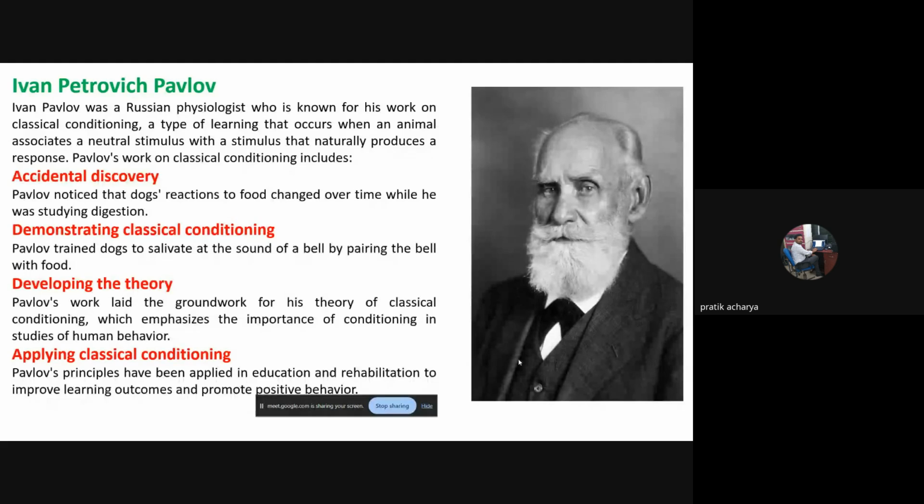Some other scientists also, in the modern form, if we are talking about ethology, ethology is the study of animal behavior. And for ethology, different scientists discovered different patterns and provided certain conclusions on animal behavior. Out of them, Pavlov is one of the scientists who discovered that the reaction to food changes over time while studying digestion.